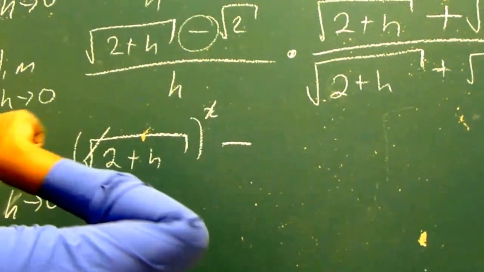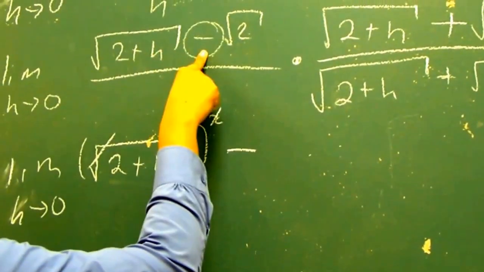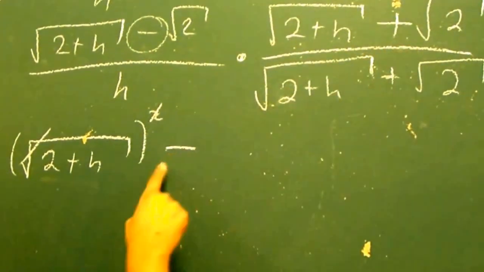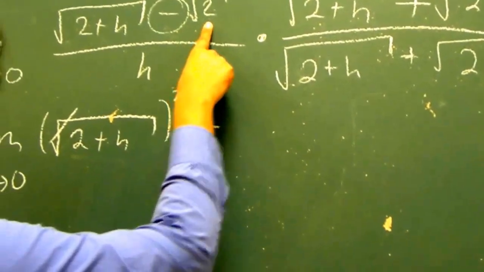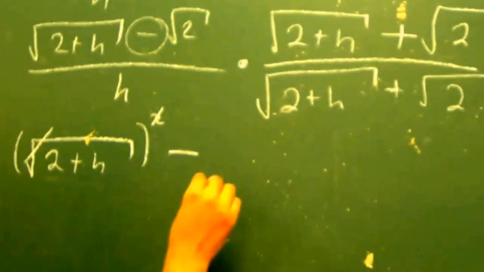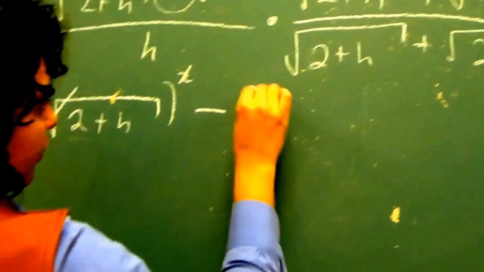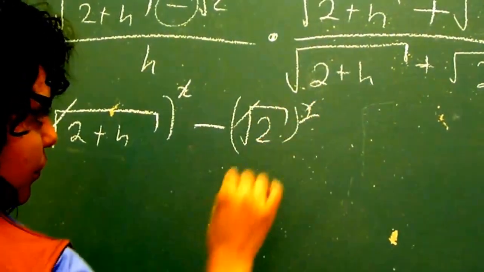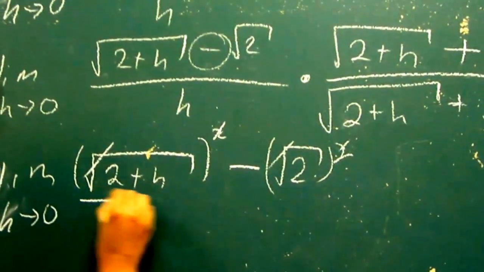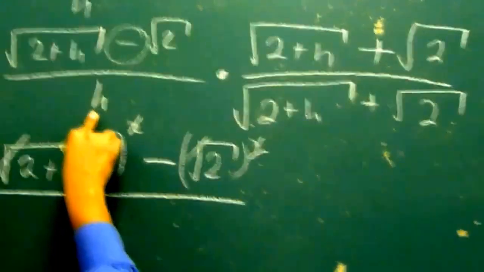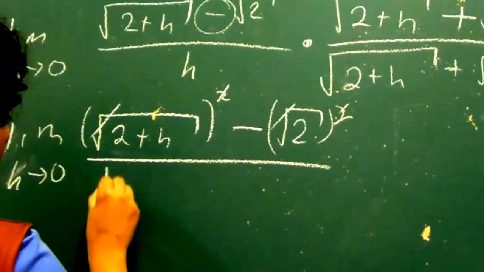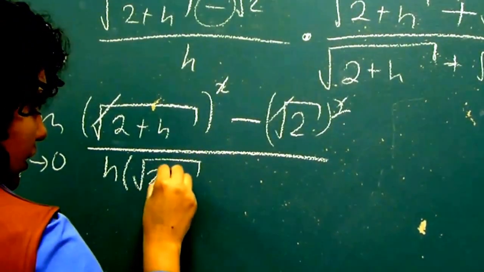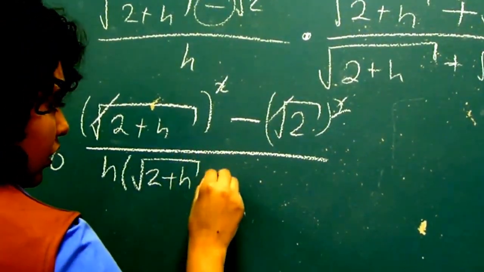Then we have a negative sign and a positive sign, so it's negative times positive, which is just negative. We have the square root of 2 times the square root of 2, and that's just the square root of 2 squared, and we also cancel the roots. On the denominator, you have the h times all this. You can either spread it out or just rewrite the function as a multiplication.